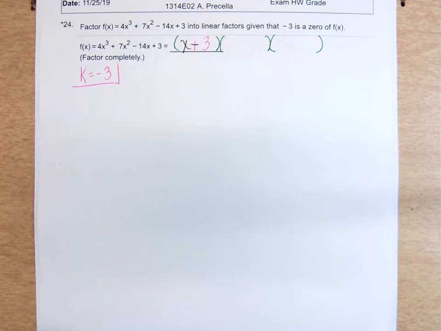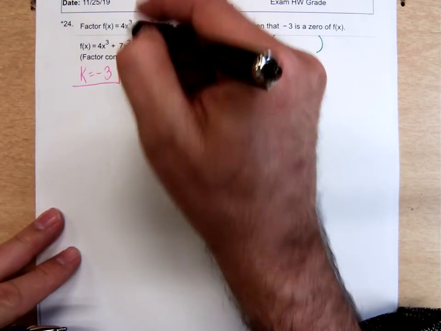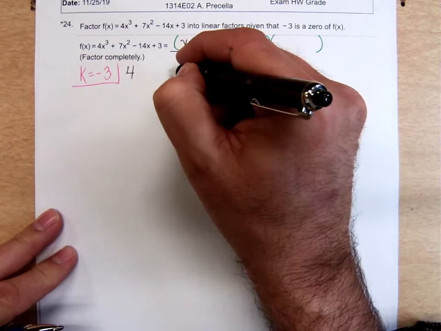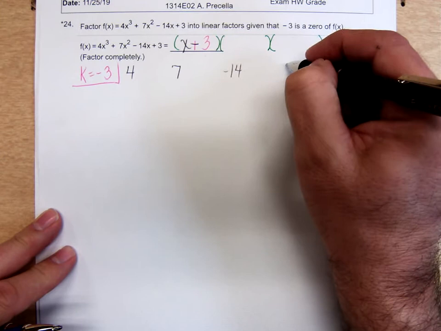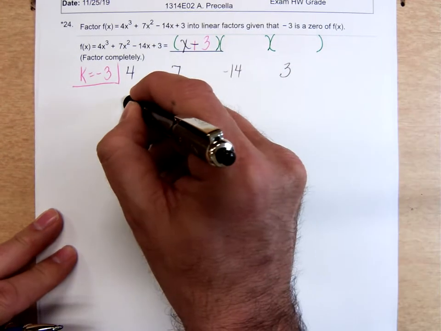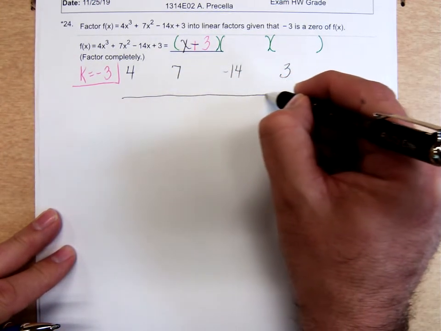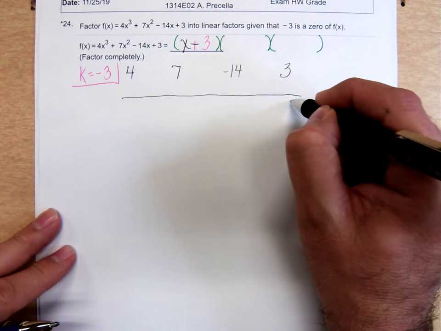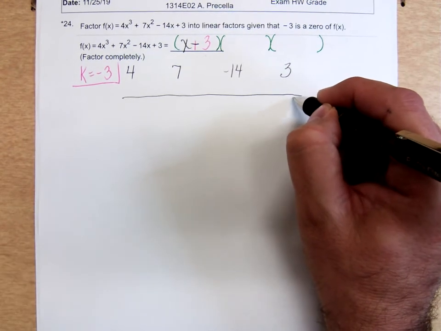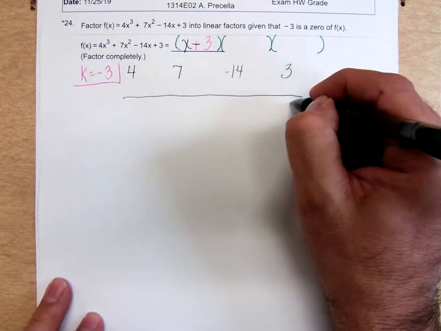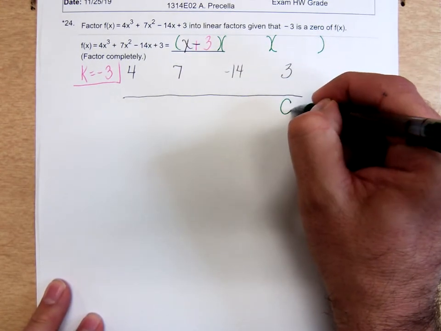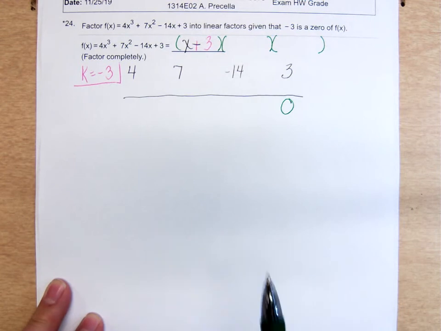And let me go ahead and write down 4, 7, -14, 3. If we do this right, we know what this number is going to be right here. What's that number going to be at the very end? This last number here. Better be 0. Okay? That's -3 is a 0.